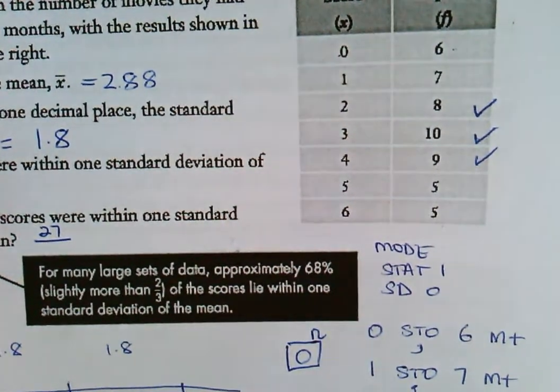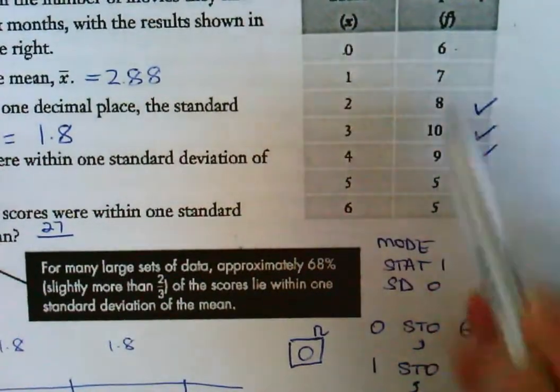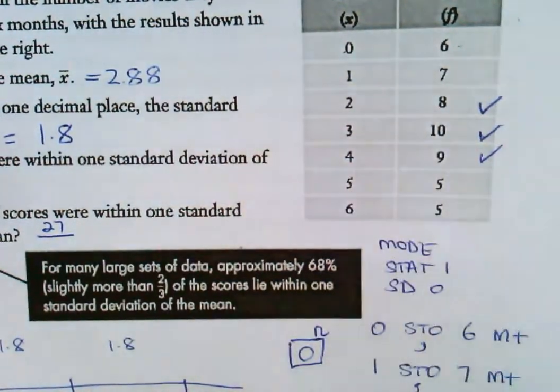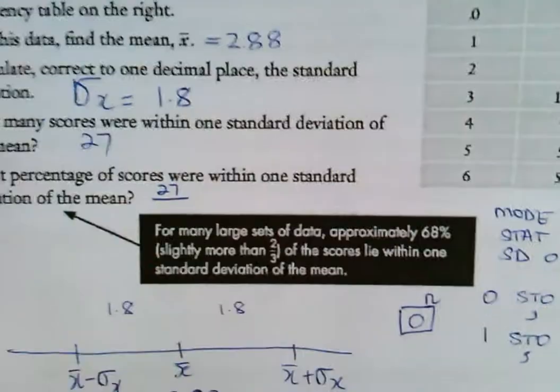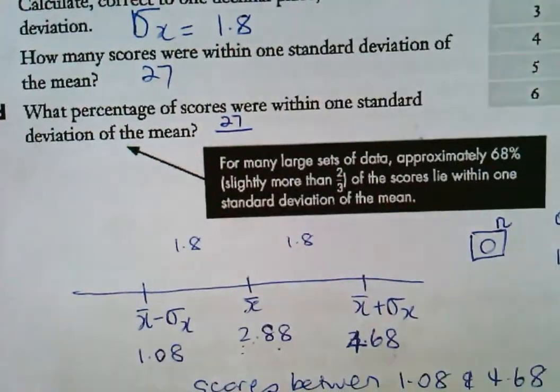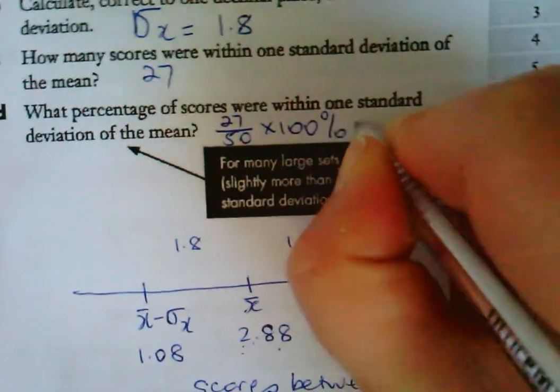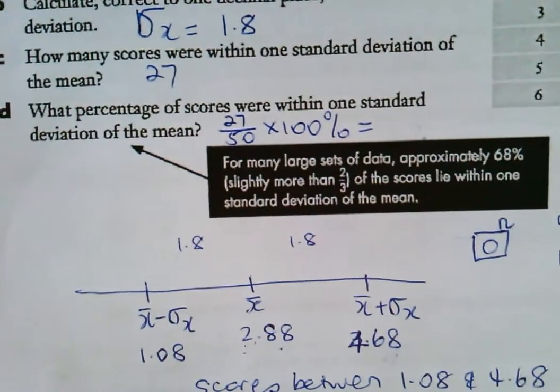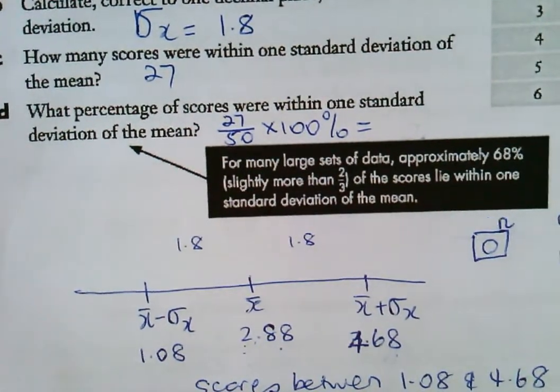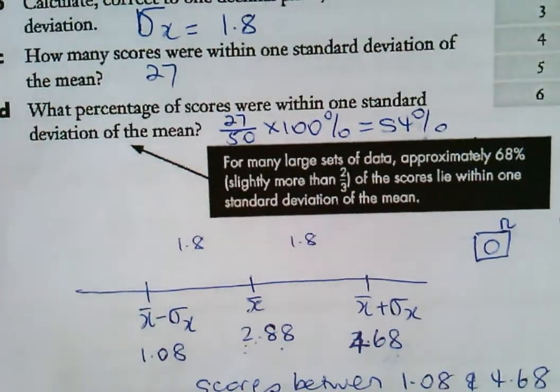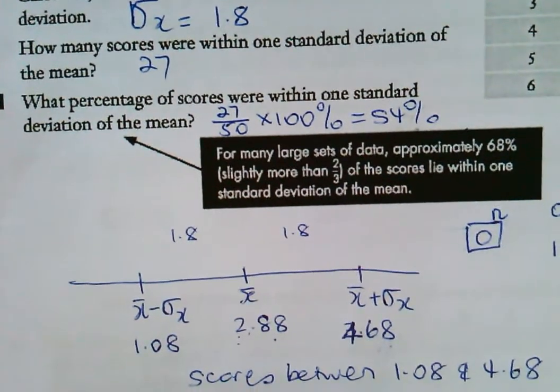There are 50 scores. If I actually added all these up, there are 50 scores. So, what percentage of scores are within one standard deviation of the mean? 27 out of 50 times 100. Well, it's obviously a bit more than 50%. Percentage of scores within one standard deviation of the mean are 54%.